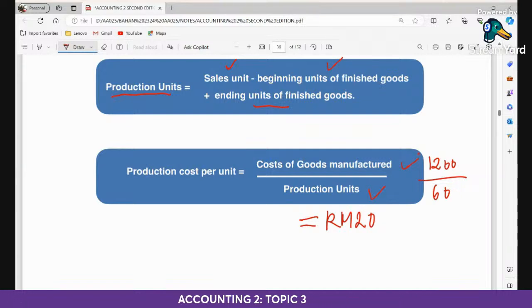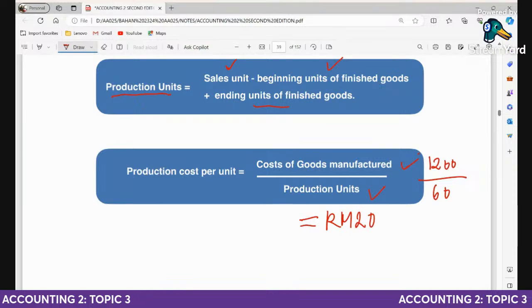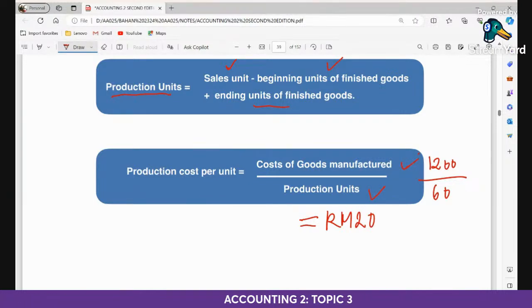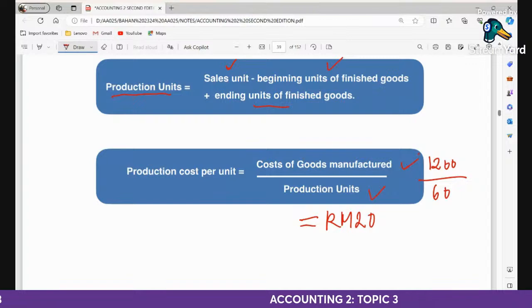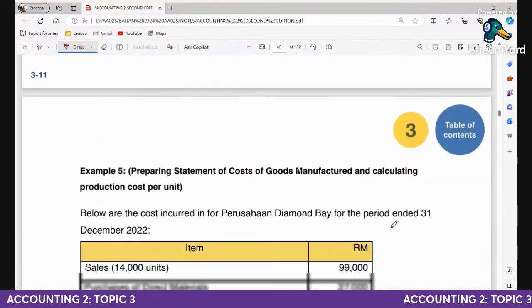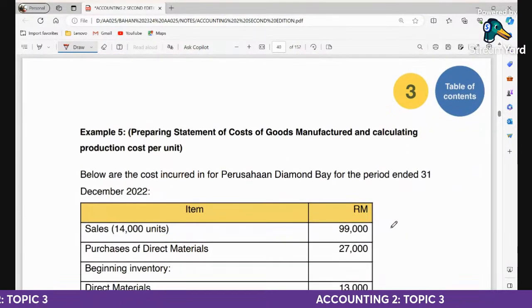Nak jual berapa? RM20.50. Kalau jual RM20.50, dia jadi macam sedekah. Okay, you won't get any profit. So there is actually a way for you to calculate, okay, berapa yang you akan markup so that you are able to obtain profit. Okay, so this is actually how you calculate the production unit and also the production cost per unit. Okay, all right.